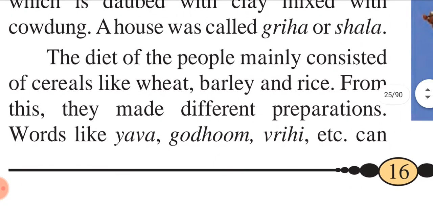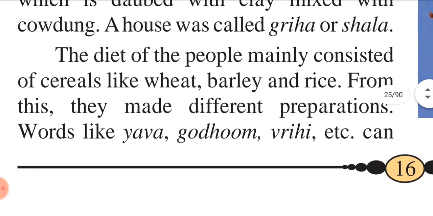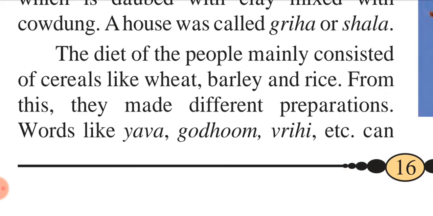What was the diet of the people? The diet of the people mainly consisted of cereals like wheat, barley, and rice. From this, they made different preparations. They used to make a variety of foods to eat.